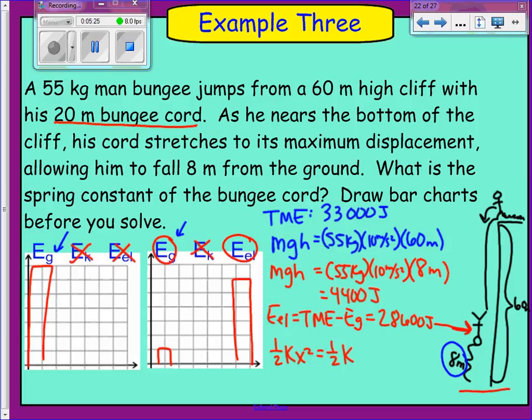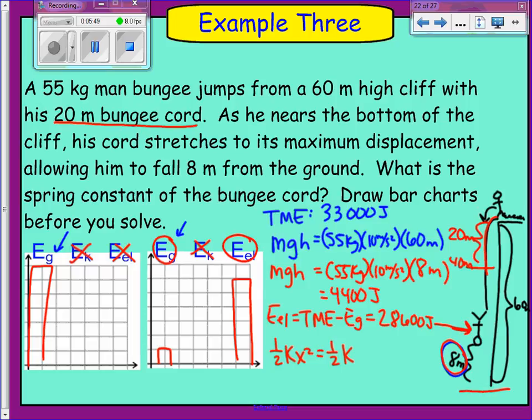That means the bungee cord would get to only right about here off of a 60-meter high cliff before it has to start stretching. So at the point right here, this is 40 meters above the ground. How much more does the person go before he stops? We're told he goes to 8 meters.